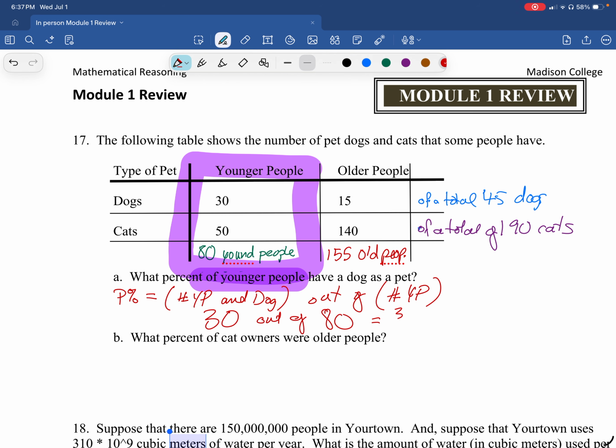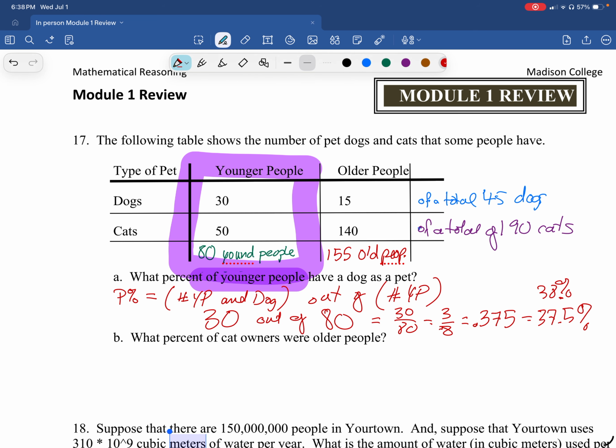That is 30 over 80, which equals 3/8, which is 0.375. So that is 37.5%. And then depending on the rounding, if it was to the nearest whole percent, it'd be 38%. If it was nearest tenth, 37.5%.